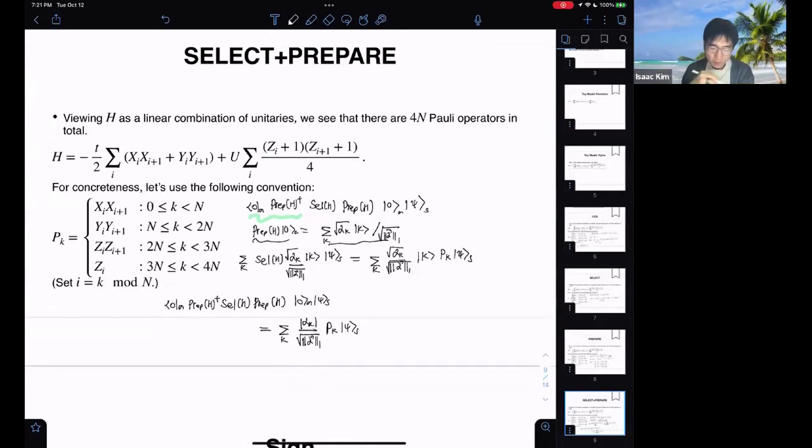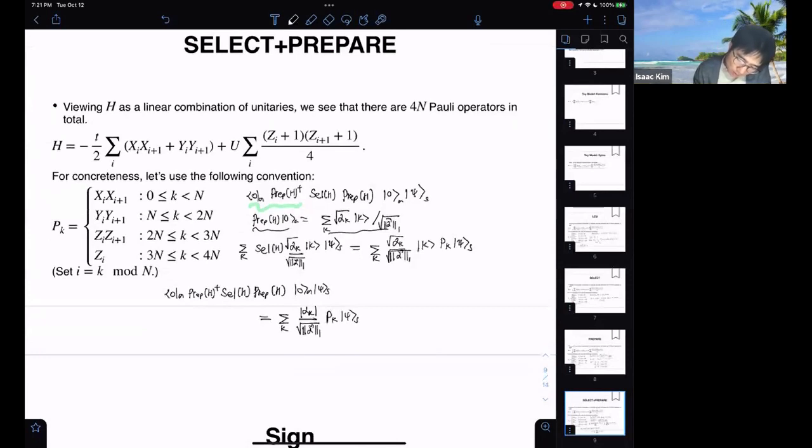Okay, so what this means is that if you apply prep of h dagger, select of h, prep of h to this fixed 0 state applied to psi, this is simply that thing times, let's say, so this is, I realize that this is not exactly the Hamiltonian I want, and I'll explain how we can fix it.